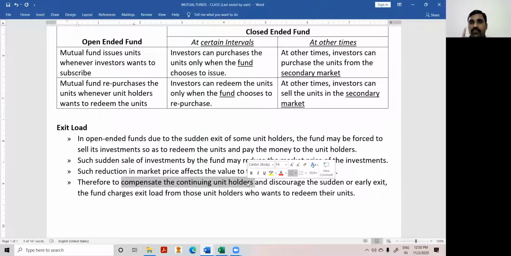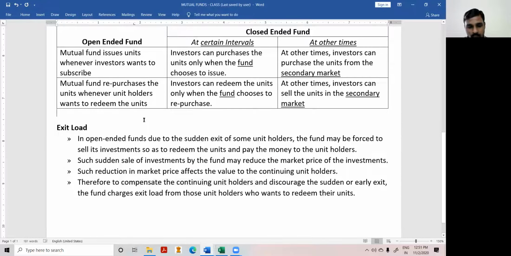That is the first point. For them, we have to compensate. Another point is that we have to discourage the sudden exit. We have to encourage the investors to stay with the fund for a long period of time. In order to discourage short-term redemption, we are charging exit load. This is the purpose of charging exit load.